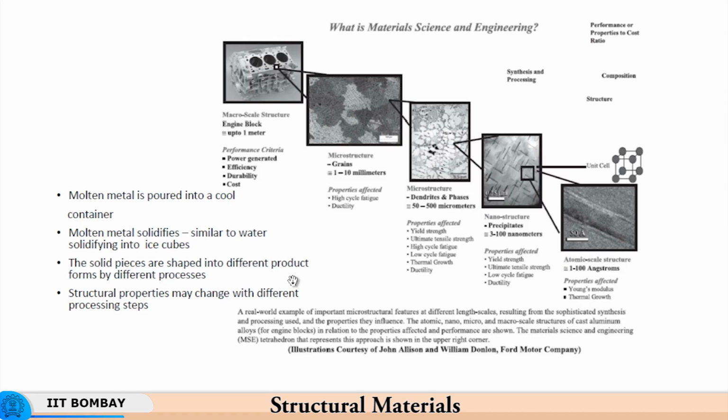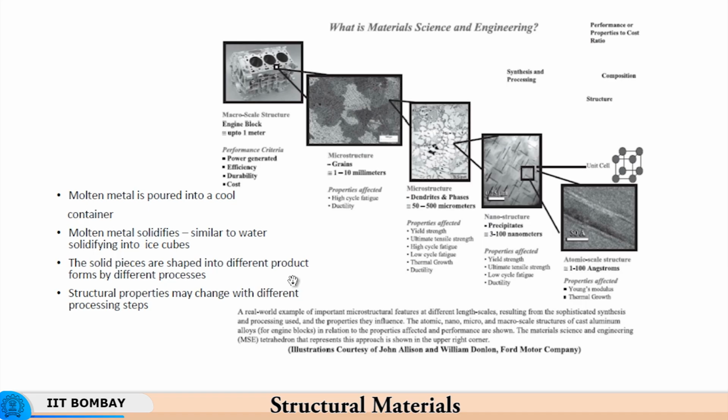You will find that the source of strength can be identified more and more exactly, more easily. So you have this process resulting in a certain structure of the material, which can be seen at different length scales. So this is the atomic scale structure of the material, and we need to find out what introduces strength at the atomic level.